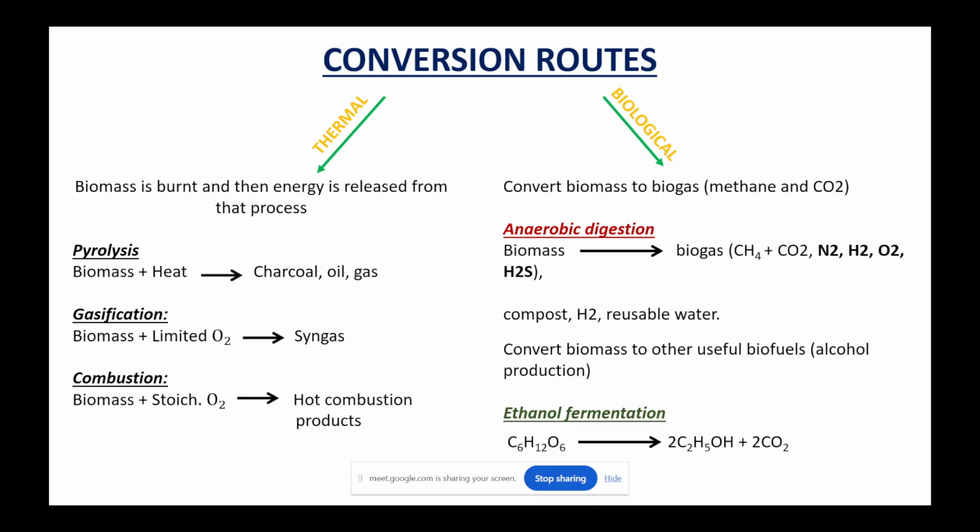Whereas in the biological routes for the conversion of waste to energy, we convert the biomass to biogas, specifically in the form of methane and carbon dioxide. And how do we do this biologically? For that, we go for something called anaerobic digestion.